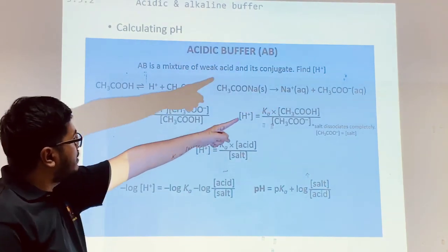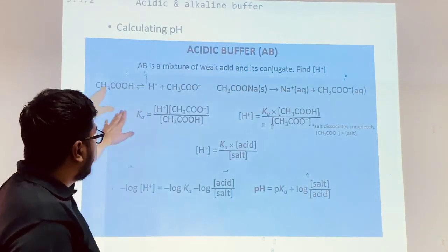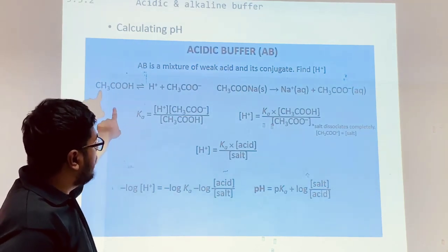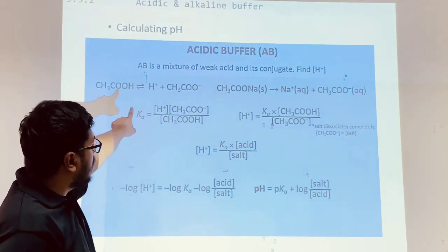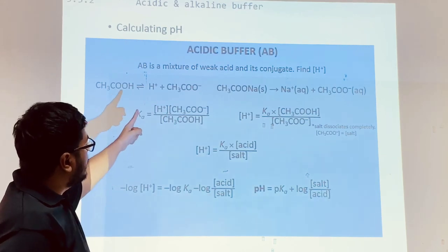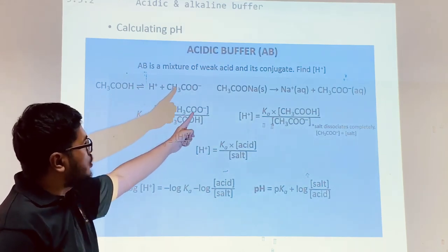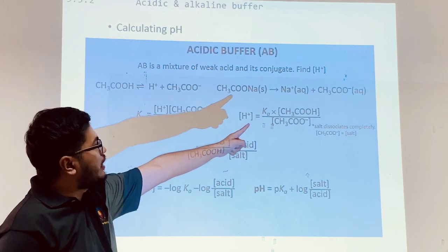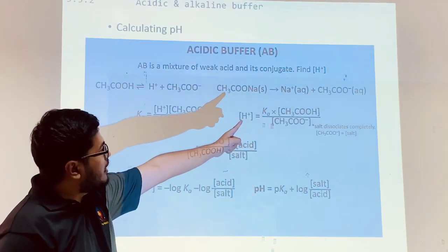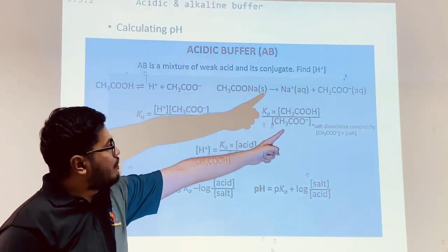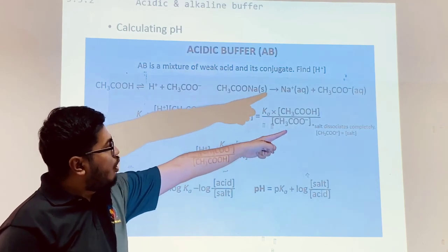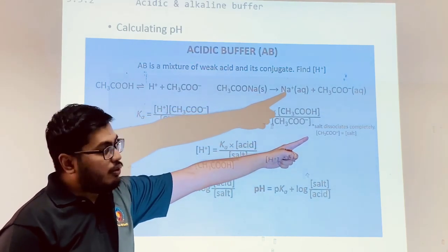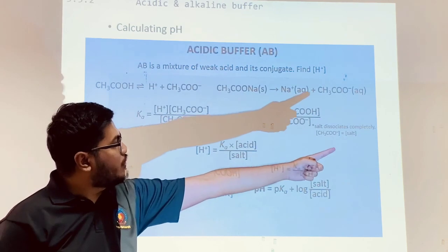So untuk cari concentration of H+, first kali tengok equation ini, ini adalah dissociation of weak acid. Weak acid dissociates into H+ and juga ethanoate ion, and then kita mix it with salt. Ini adalah sodium ethanoate. Sodium ethanoate completely dissociates to form sodium ion dan juga ethanoate ion.